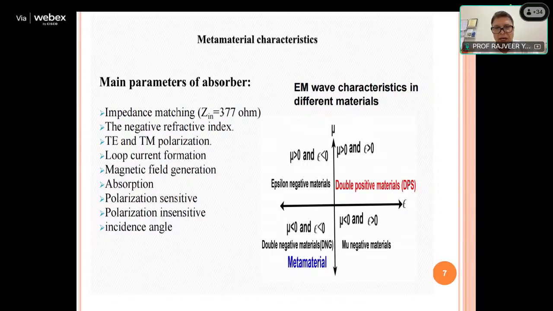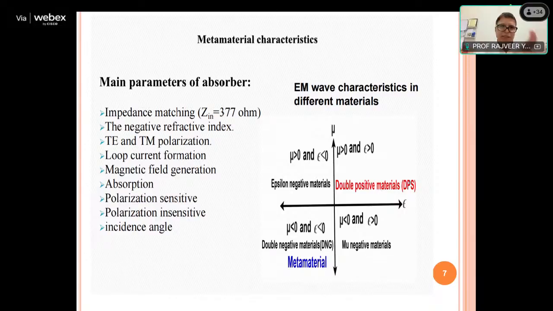So we have successfully executed these epsilon negative material designs. If you see quadrant 3, this is used for absorber. If you see quadrant 1, these positive materials are being used to design antennas.